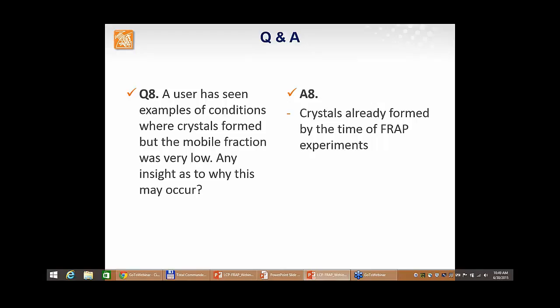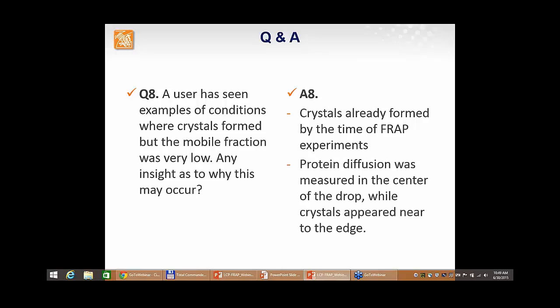So you really need to look at your fluorescent image, not only at the FRAP results, when you're doing fluorescence FRAP experiments. That will give you an idea whether you can trust the results or whether you can actually already get crystal hits.